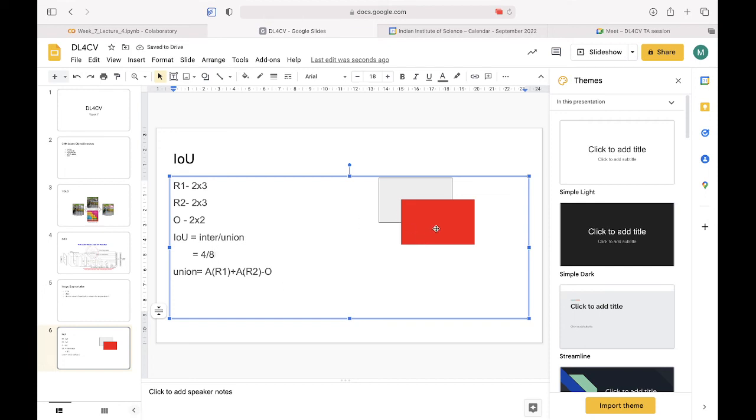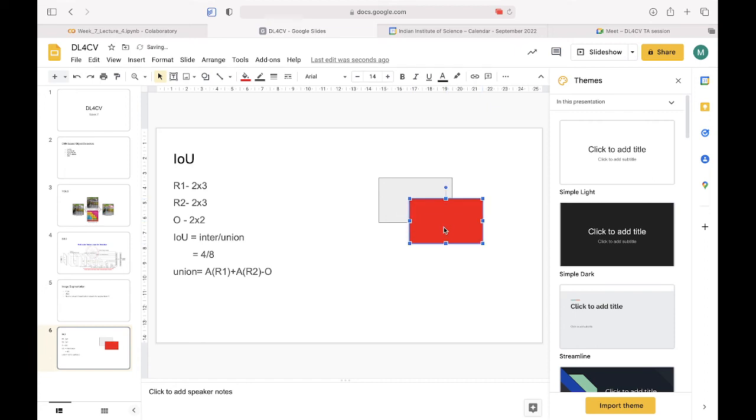Fine. I'm showing these boxes so that you get an idea of how objects work, not just computing your answer. Basically these correspond to two different objects, and I want to compute IOU. That is what is happening.